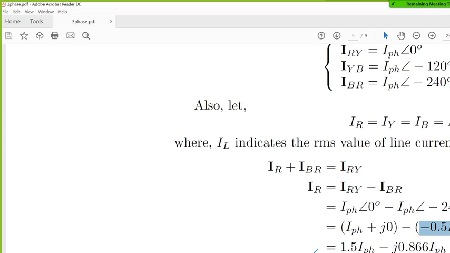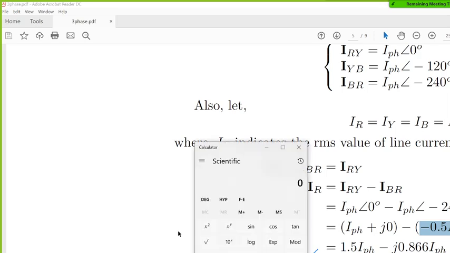I don't know why the Windows calculator didn't work. What's wrong? I think some mode. Oh, it's degree. Sorry, it was directly given in degrees. That's the reason. So let's try directly with minus 240.